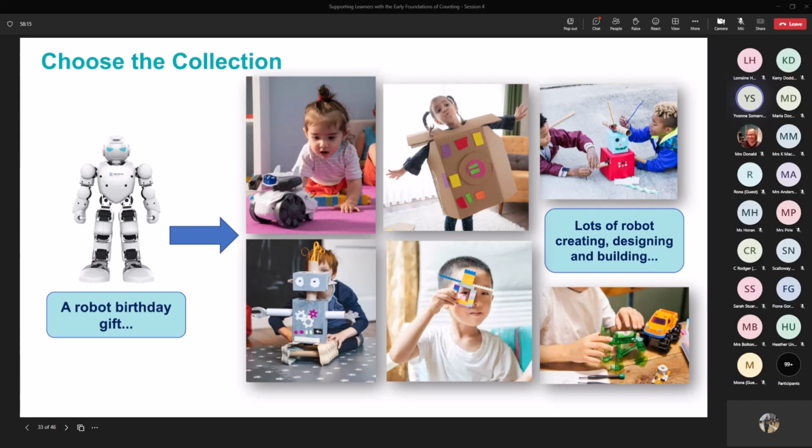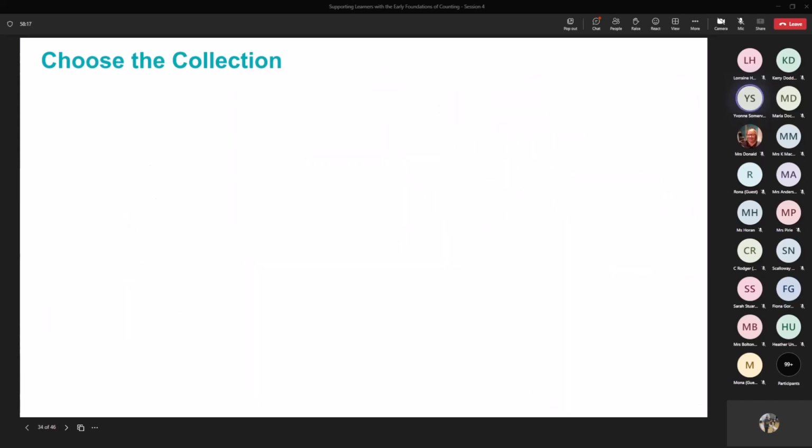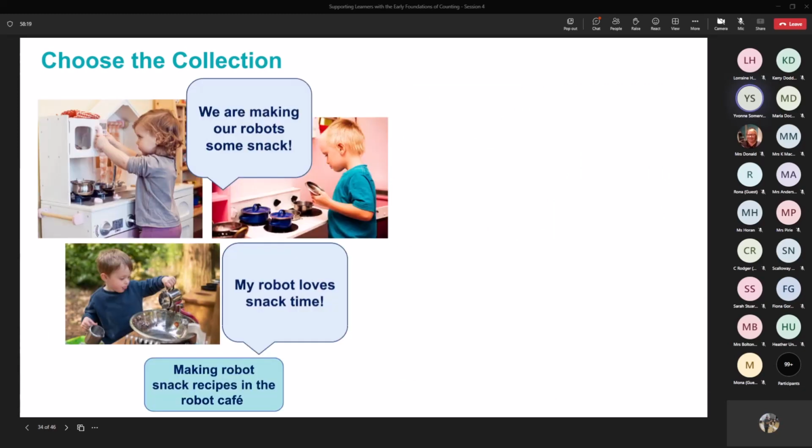As can often happen, the children were so engrossed with the play around robots that a lot of them were very reluctant to stop and to come for snack. They were needing a lot of encouragement to put their robot down, a lot of them not wanting to leave their robots anywhere. And so a member of staff came up with a good suggestion that actually the robots needed to snack as well.